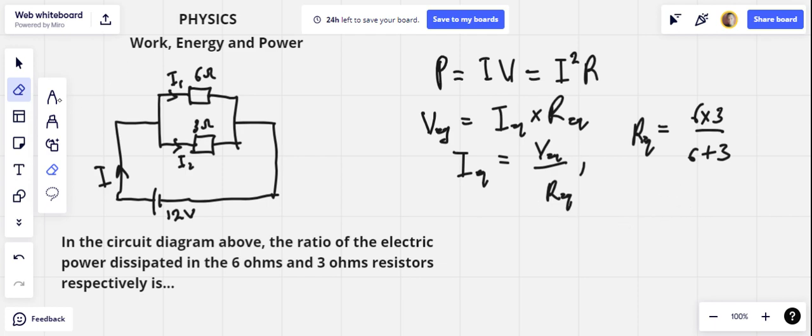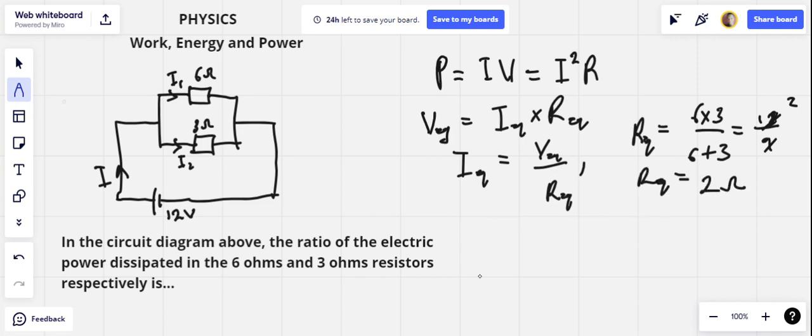So we proceed. This will be equal to 6 times 3 is 18 over 6 plus 3, that is 9. 9 will divide 18 2 times. So the equivalent resistance equals 2 ohms.